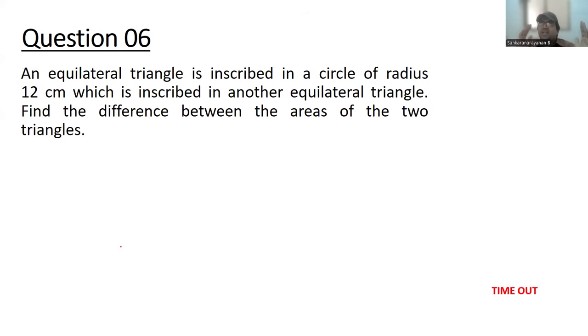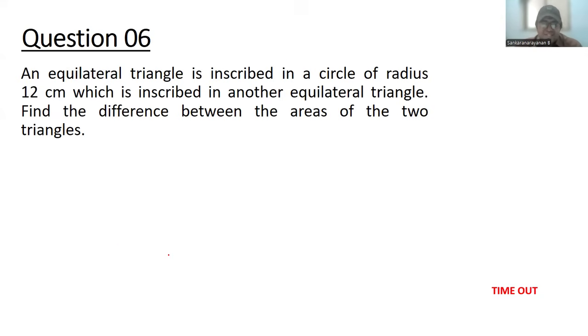First line when you read, by the time you finish reading it, you should have understood that the circle I am considering is the circumcircle of the smaller triangle, and at the same time, it is the incircle of the larger equilateral triangle. Got it? You are asked to find the difference between the areas of the two triangles.